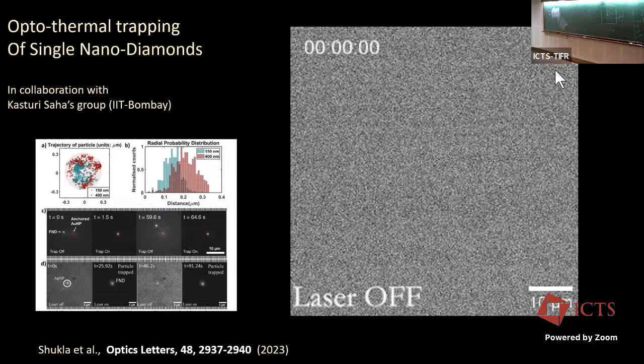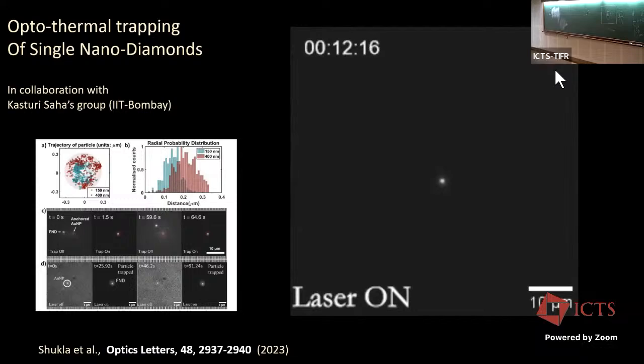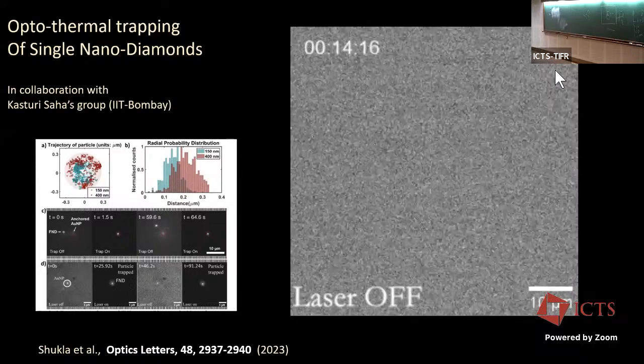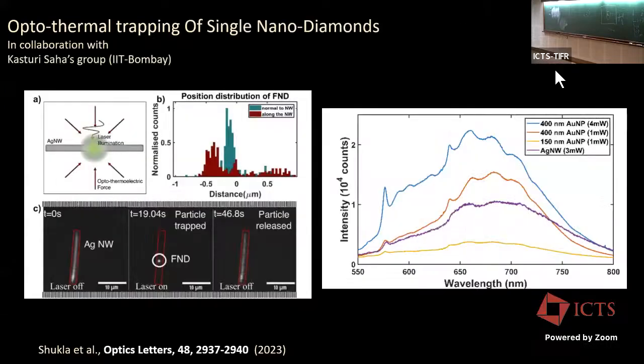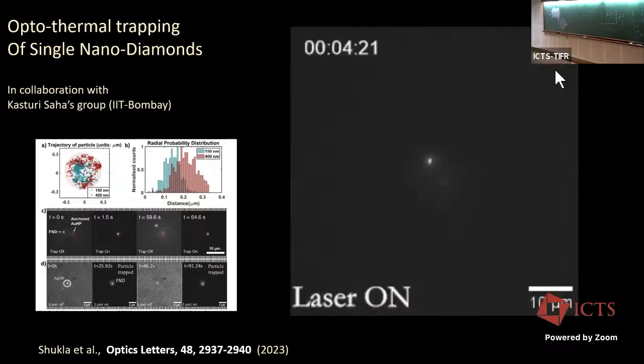So we used our technique where we are able to now trap a single nanodiamond. So there you go. Here it's trapped. The laser is on. So when you switch it off, it's somewhere there. Once you bring it back and forth, you would be able to create this kind of trap. You can trap the object, interrogate it, study the Brownian dynamics of that particular trapped object.